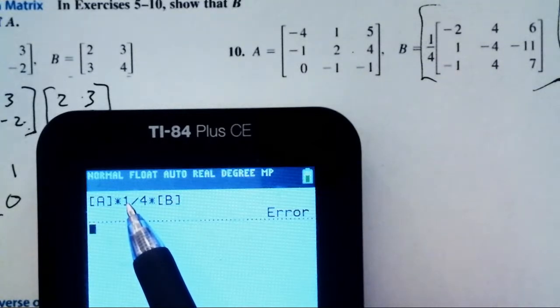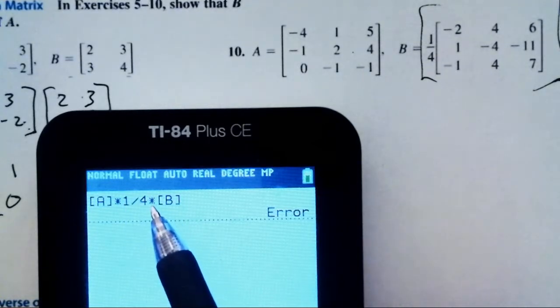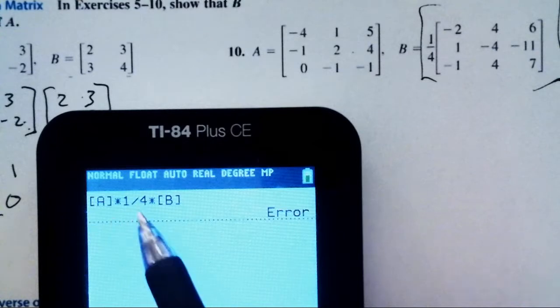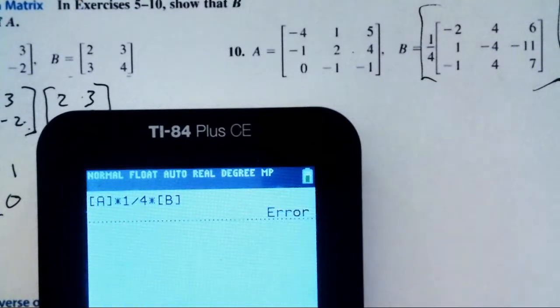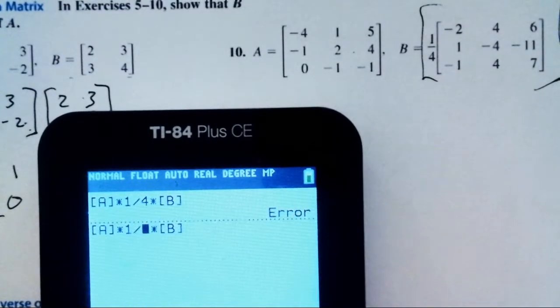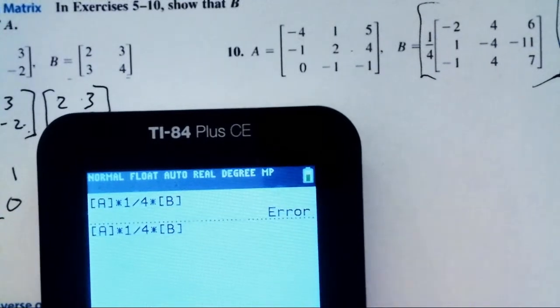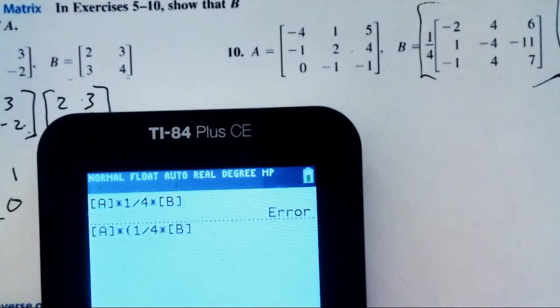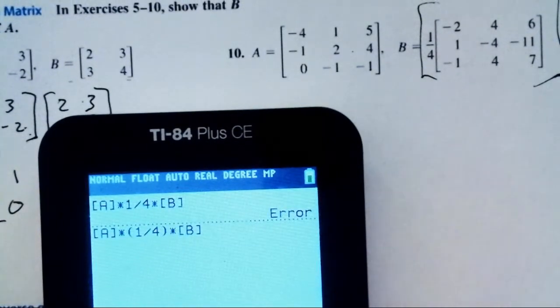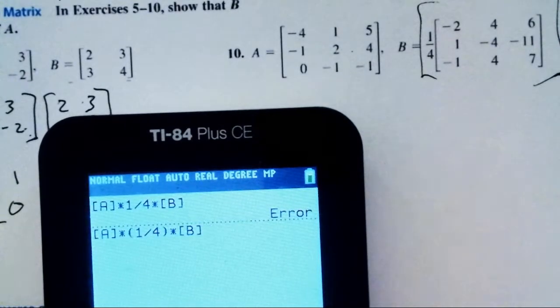But then we're supposed to take matrix A and divide by 4. Division is not defined in matrix land. So we would have to actually enter this as matrix A times quantity 1/4, or you could go A times 0.25, but it doesn't like the division.